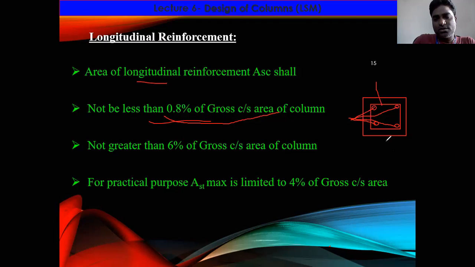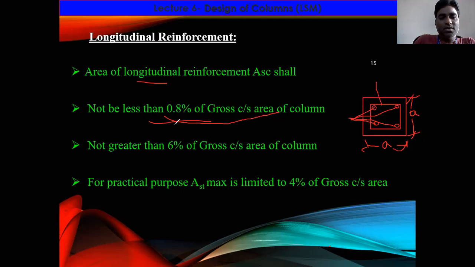Suppose this is your A, and if it is a square column, let us say this is also A, right? So the area is A into A, A square.